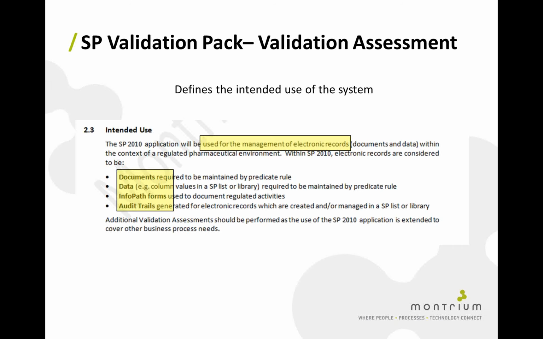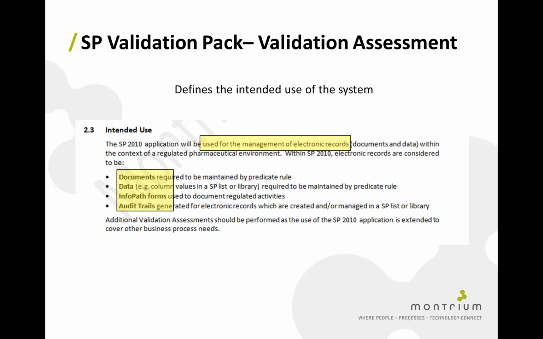So now let's look at some examples of the different documents that we would produce within the context of SharePoint being used for the generation and management of electronic records which are governed by 21 CFR Part 11 or required by predicate rule. And the first document that we typically produce is what we call a validation assessment.